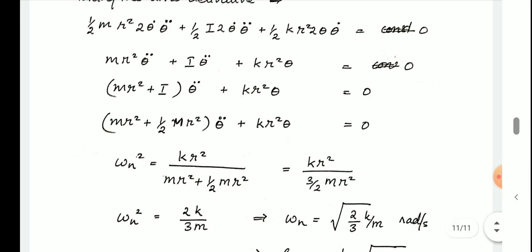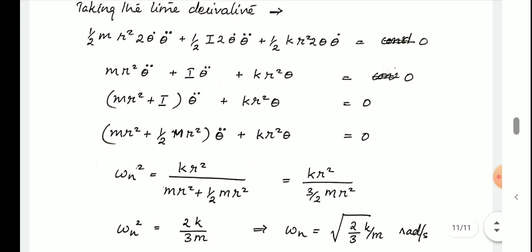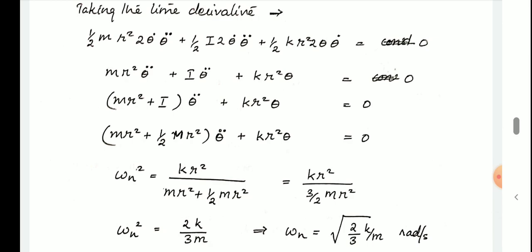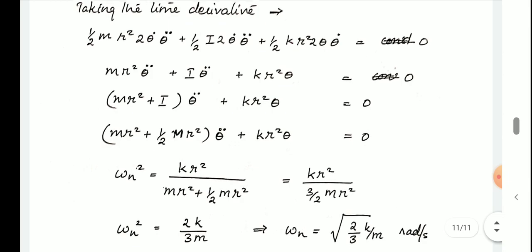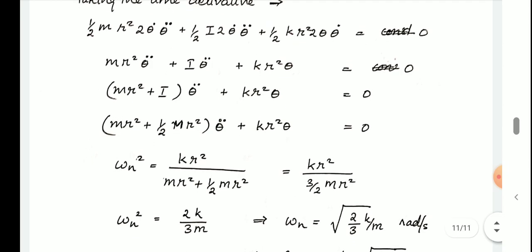For x double dot, we have the term theta double dot here, and for the term x, we have theta here. So natural frequency is nothing but the square root of the term multiplying theta divided by the term multiplying theta double dot. Refer to the previous numerical once again.